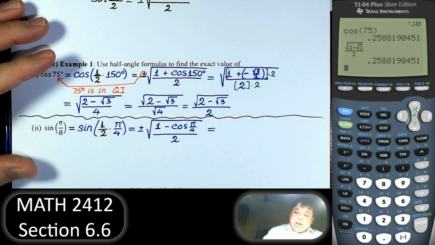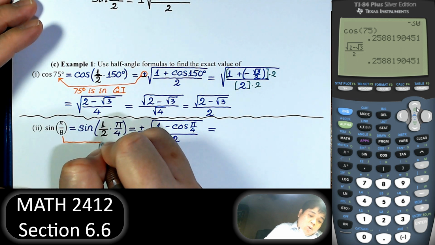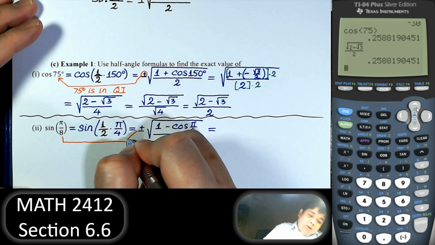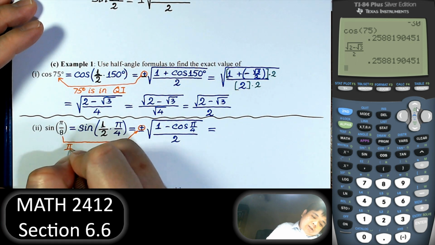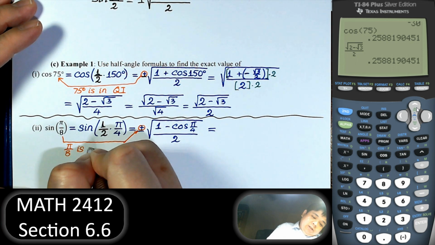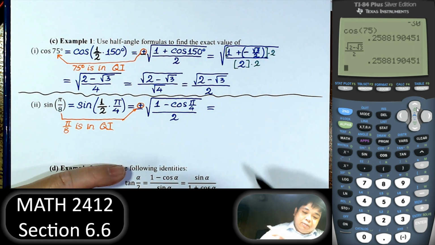Right. Once again, pi over 8 is in quadrant 1, and everything in quadrant 1 is positive, so it's positive.